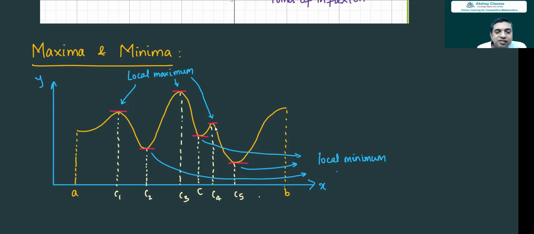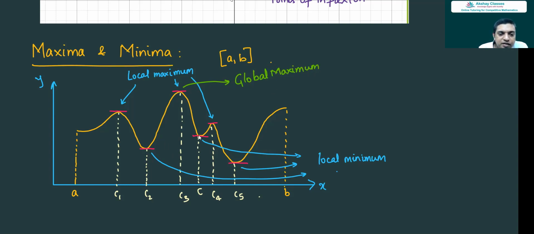But amongst the local maximums, one value will be greatest throughout the interval that we are considering, A and B. So for the interval AB, the largest of the maximum values will be called the global maximum.